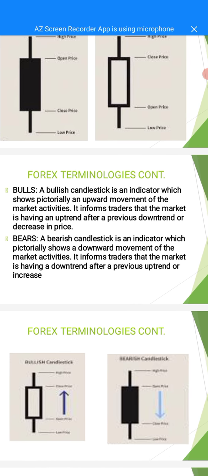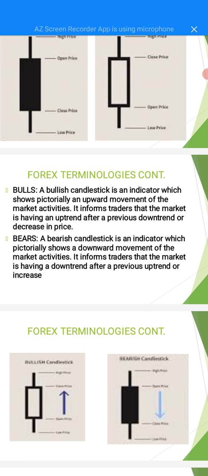You see the bulls. A bullish candlestick is an indicator which shows pictorially an upward movement of the market activities. It informs traders that the market is having an uptrend after a previous downtrend or a decrease in price, while the bears are candlesticks that indicate pictorially that there is a downward movement.